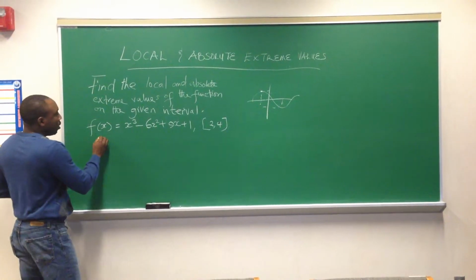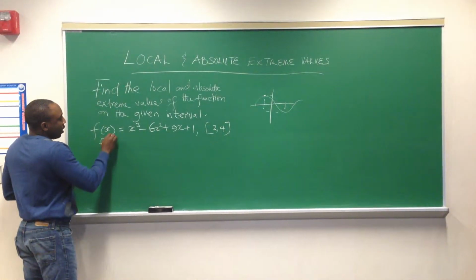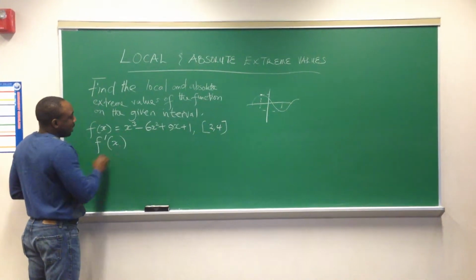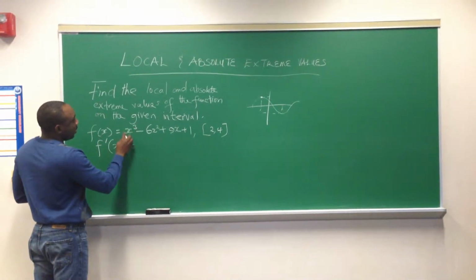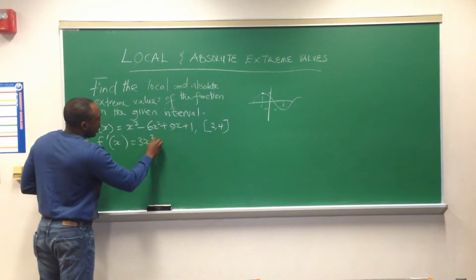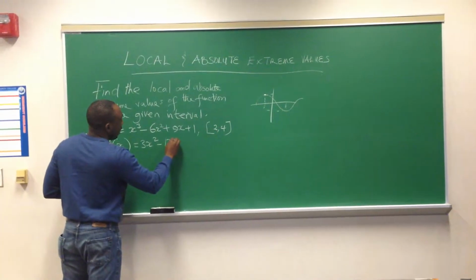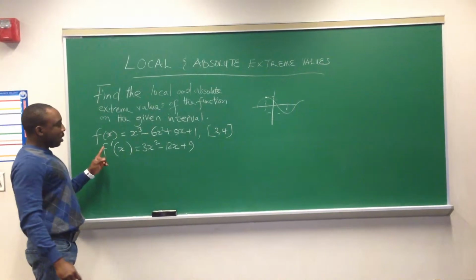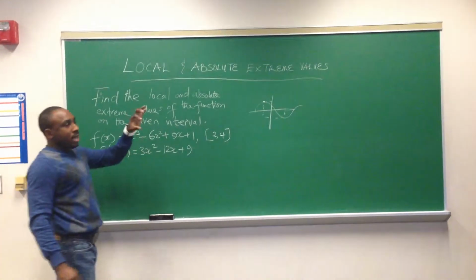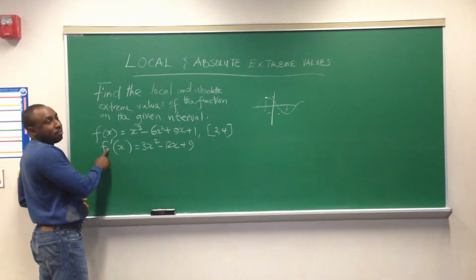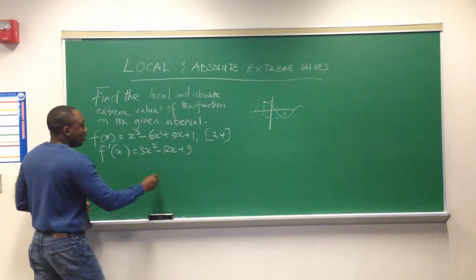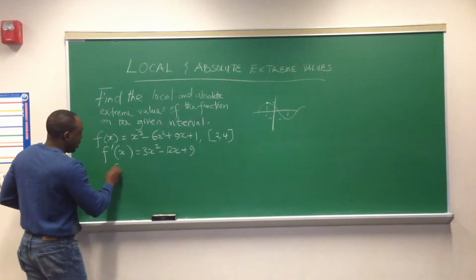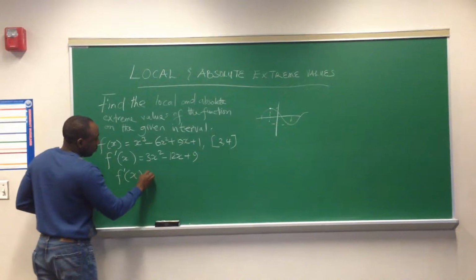So let's go. f prime, which is my derivative, would be 3x squared minus 12x plus 9. At the maximum value, f prime of x would be 0, so I'm going to set it to 0.